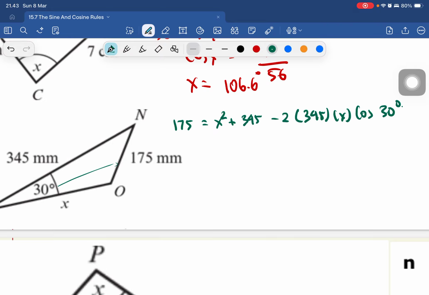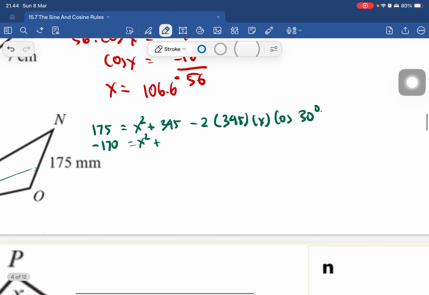Okay, let's finish it off. x squared. Okay, so it's going to be x squared plus, we move it to the left side, so 175 minus 345, minus 170.